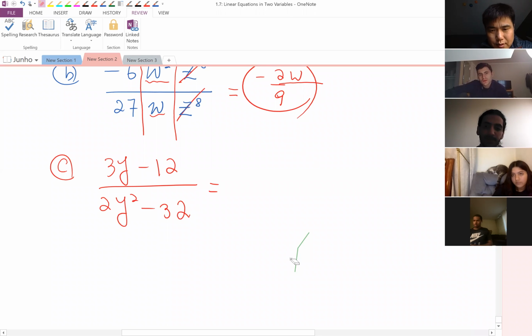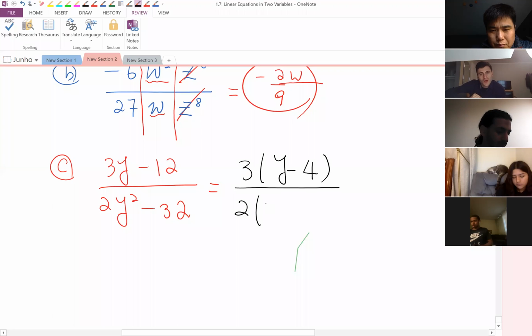3 multiplied by open parenthesis y minus 4, all divided by 2 open parenthesis y squared minus 16.